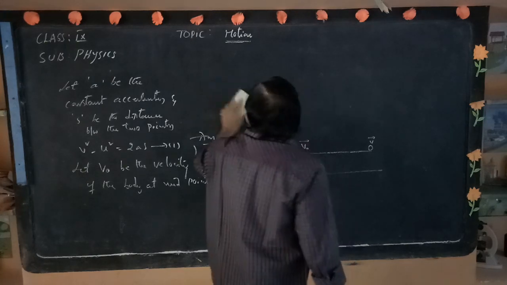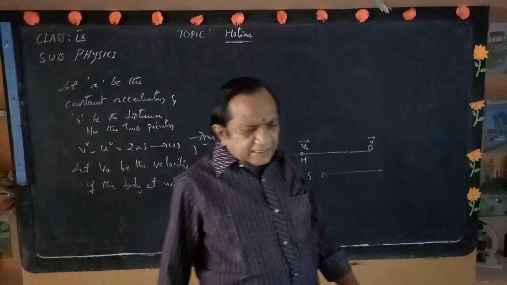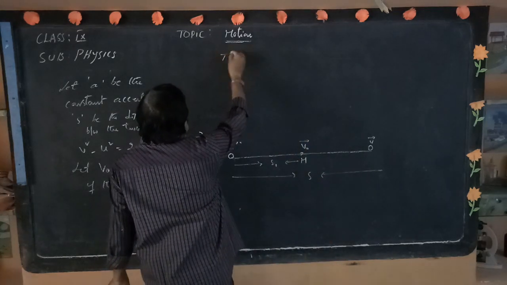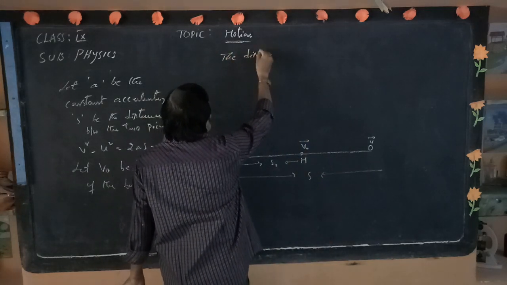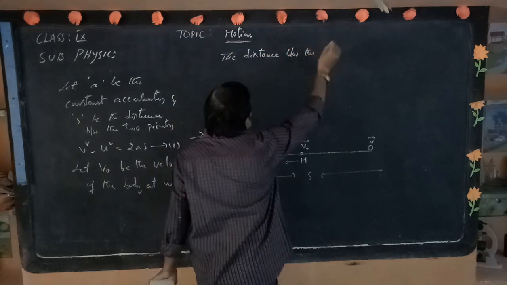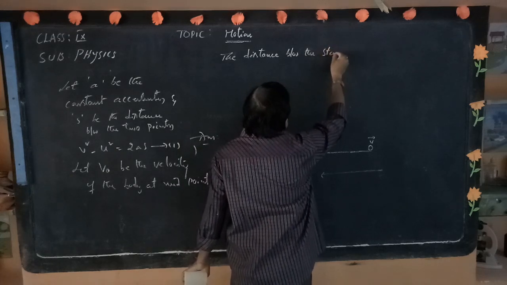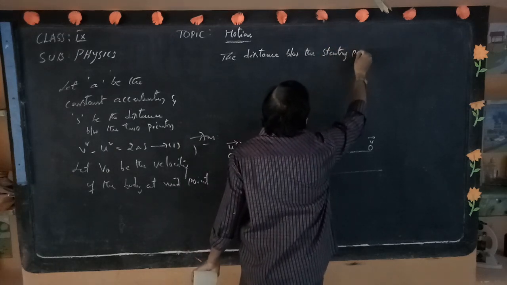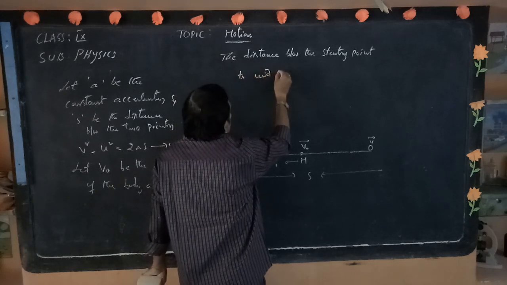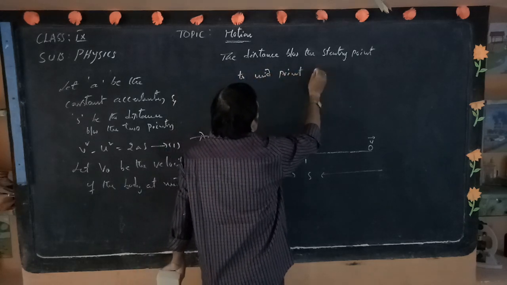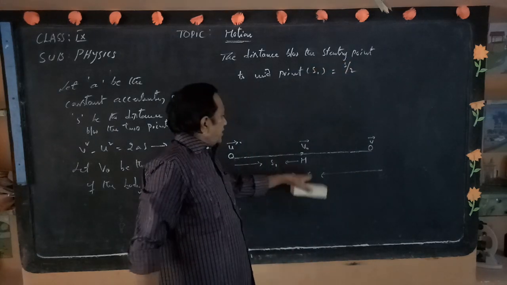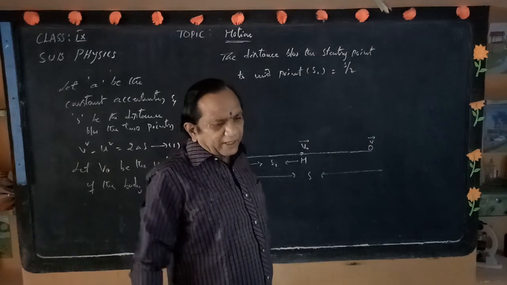Midpoint means the distance between the starting point and the midpoint is taken as S1, that is equal to S by 2, half of the distance it will cover.